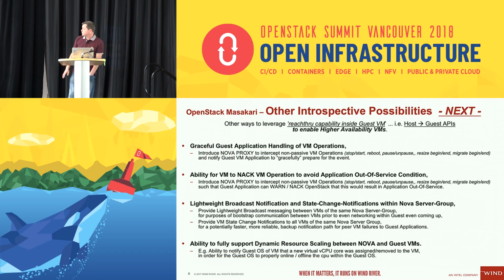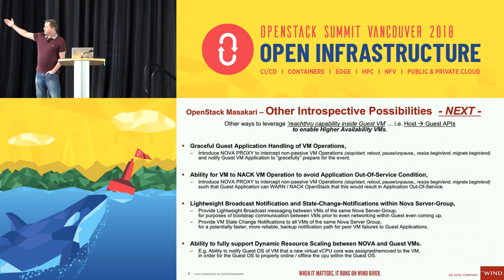The last slide I had was really just to talk about what other possibilities there would be in using a host-to-guest interface between the OpenStack platform running on the compute node and the VM guest. So, some other possibilities that would help in high availability of VMs.